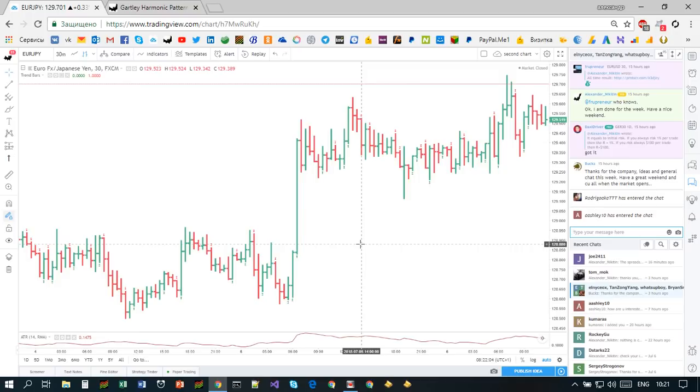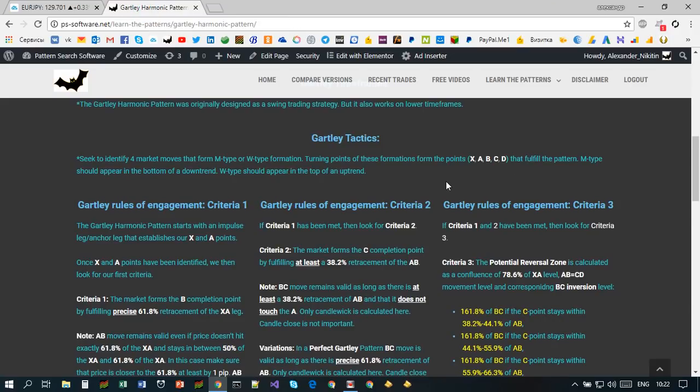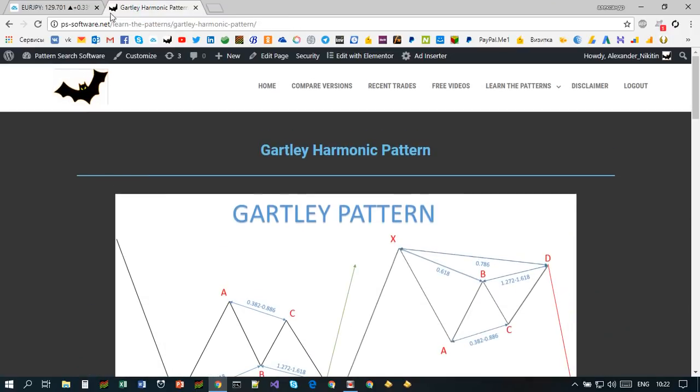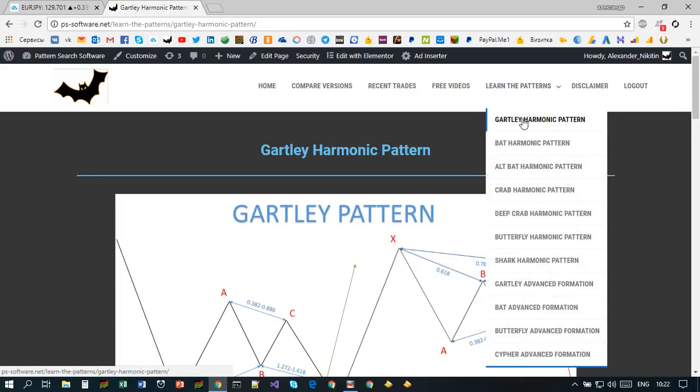So in today's video I will show you the exact method of my identification, trade execution, and trade management. And it is almost word for word exactly the same as it is described on my website, www.ps-software.net. Click this Learn the Patterns tab, choose this pattern, for example a Gartley.